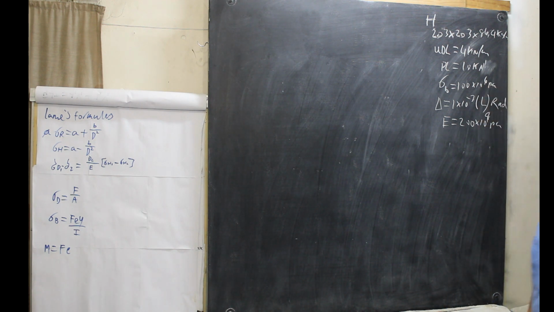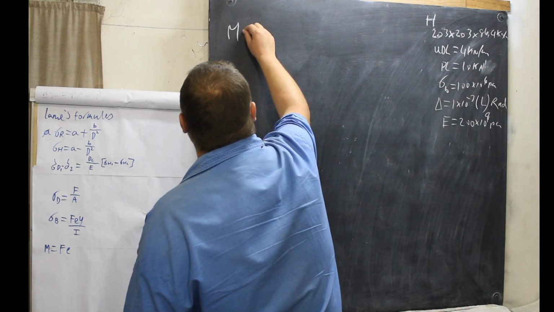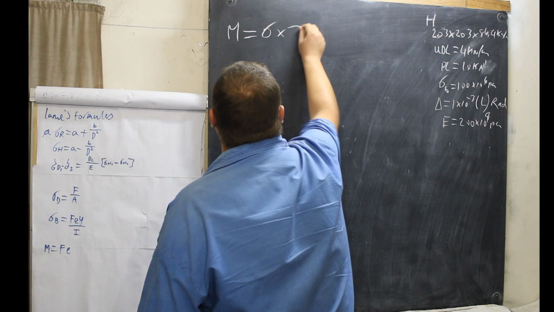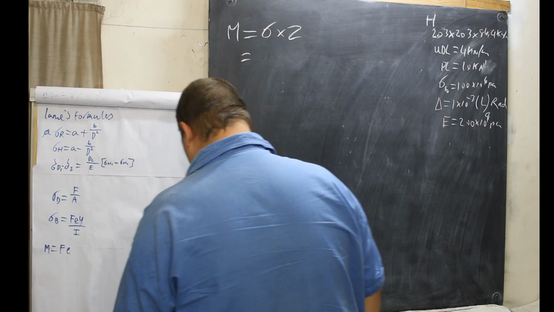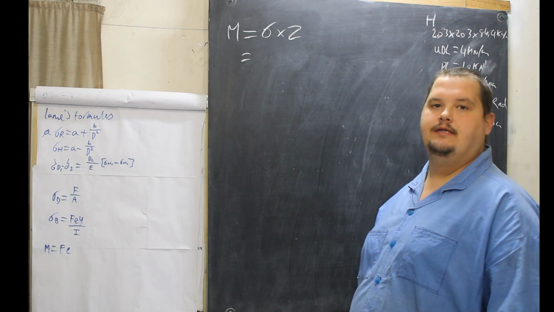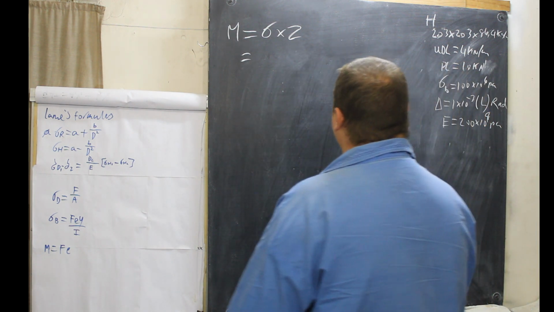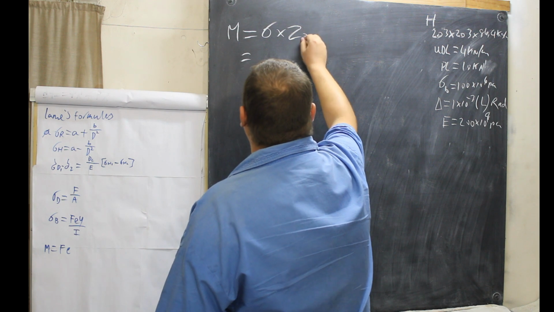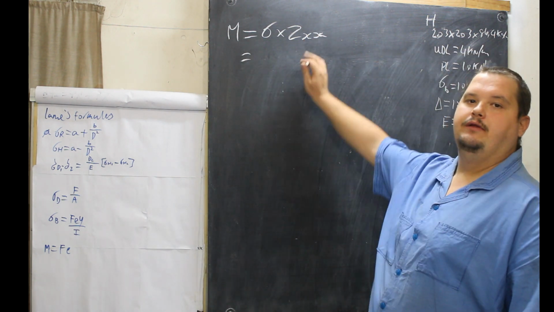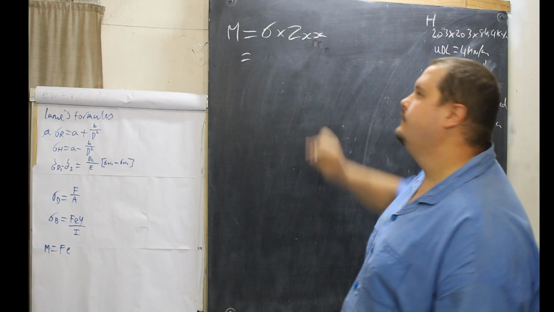Okay, now what we need to do is state M equals stress times Z. Now Z you will get in your hot rolled tables. Z is always found in your hot rolled tables. So look in your hot rolled tables for your Z, XX. We only deal in XX when we deal with this. We never deal in YY, we always deal in XX.